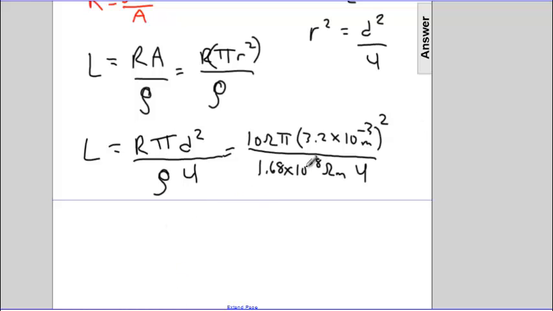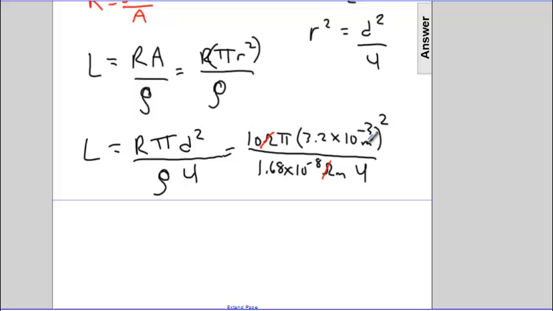Sometimes I'll cheat and approximate answers without using a calculator. Let's do the units first. We have ohms over ohms, that cancels. Pi is a constant, it does not carry units. So we have meters squared divided by meters. That will give us meters. So the units will work out. So we're good to go there.